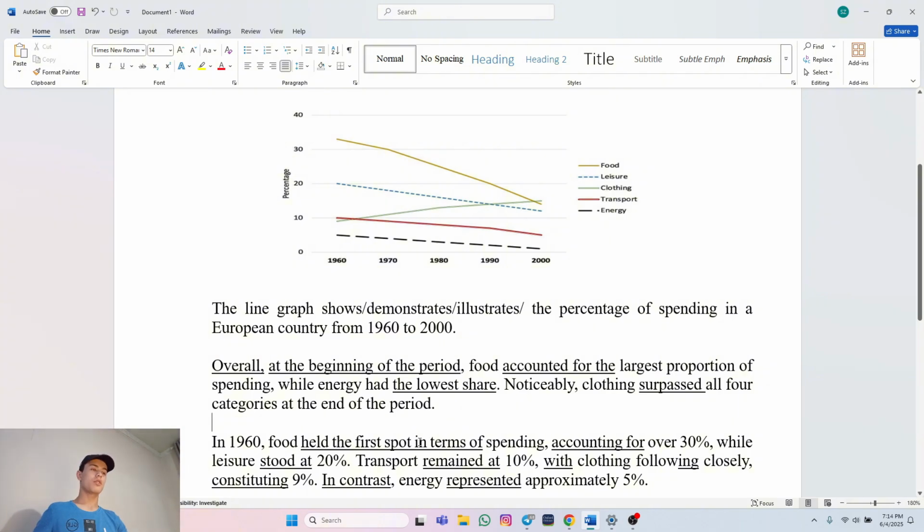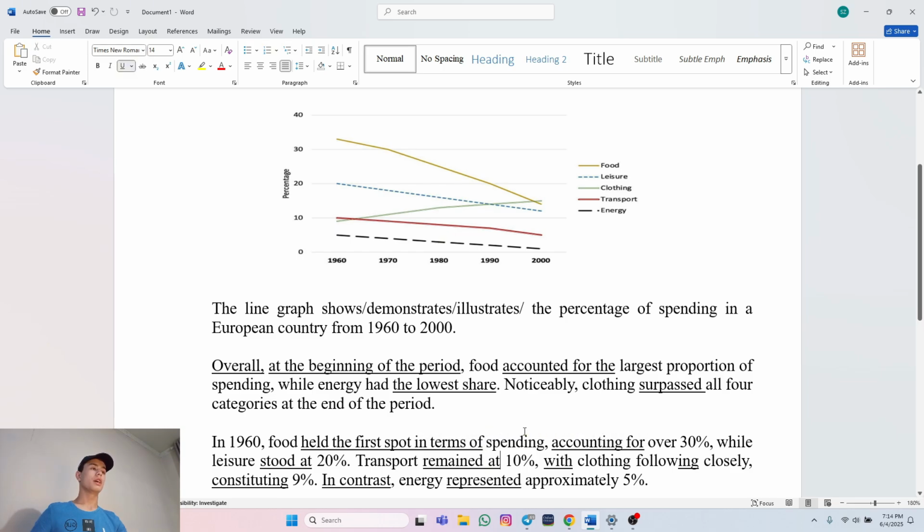You also know what "in terms of" means. The reason why I underlined "held the first spot" is that this phrase fits really well, so you should also use it.